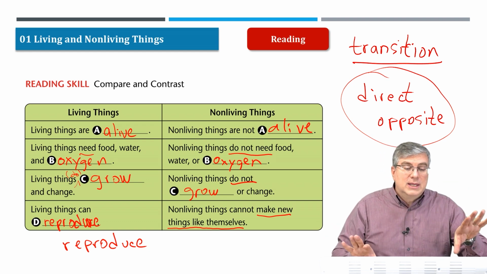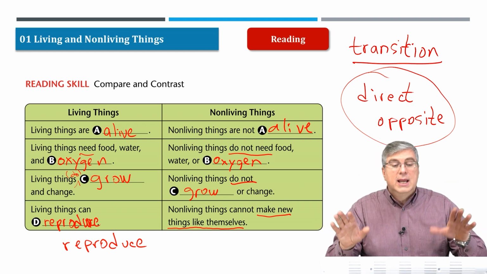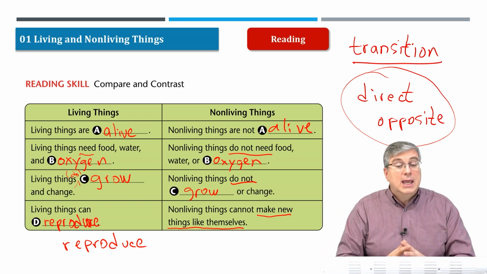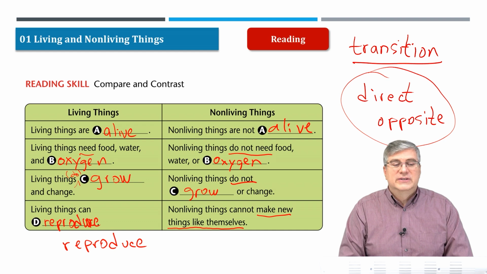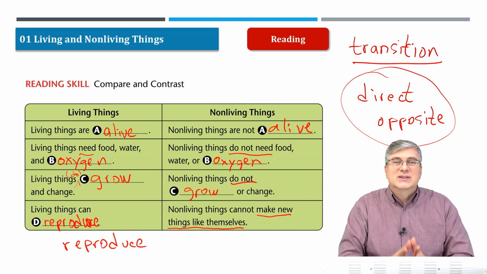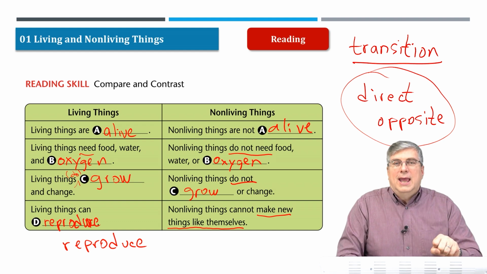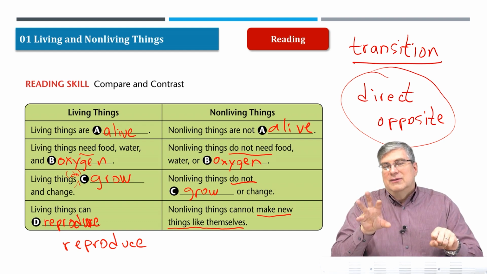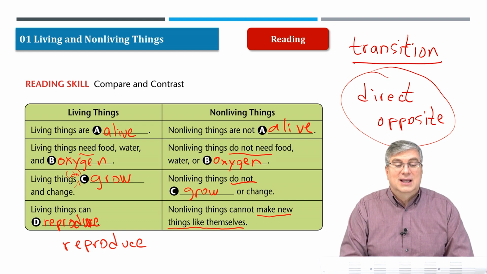What do living things do? What do non-living things not do, right? How are they different? Okay, so that was an interesting unit. We talked about the differences between living things and non-living things, and we focused on what living things do and what non-living things don't do. So kind of an interesting lesson.